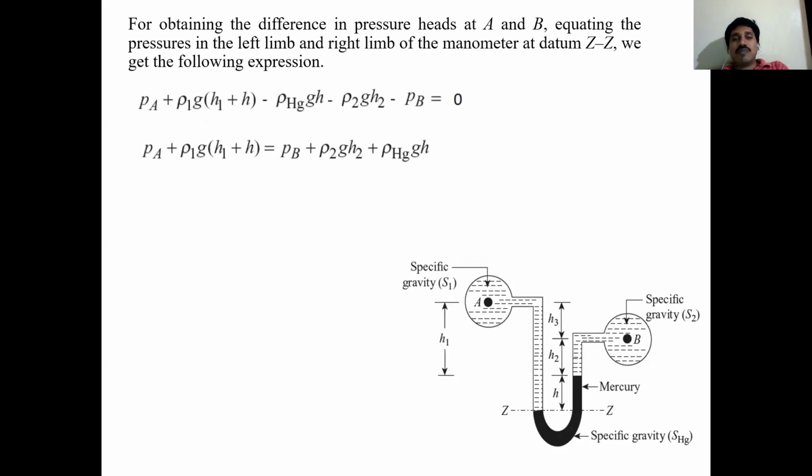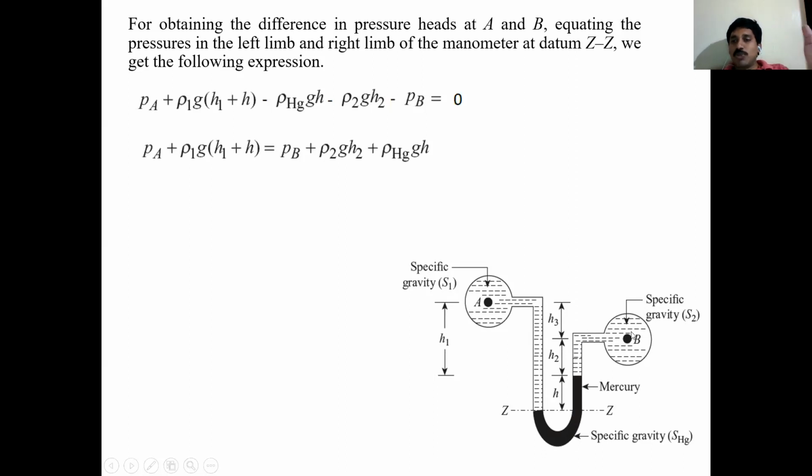Now I start the equation from point A. PA plus rho 1, the density of liquid in pipeline A, times g times H1 plus H. H1 means H3 plus H2 plus H. So H1 plus H, then minus, because the next mercury level is going upward, rho Hg g H, minus rho 2 g H2, minus PB.